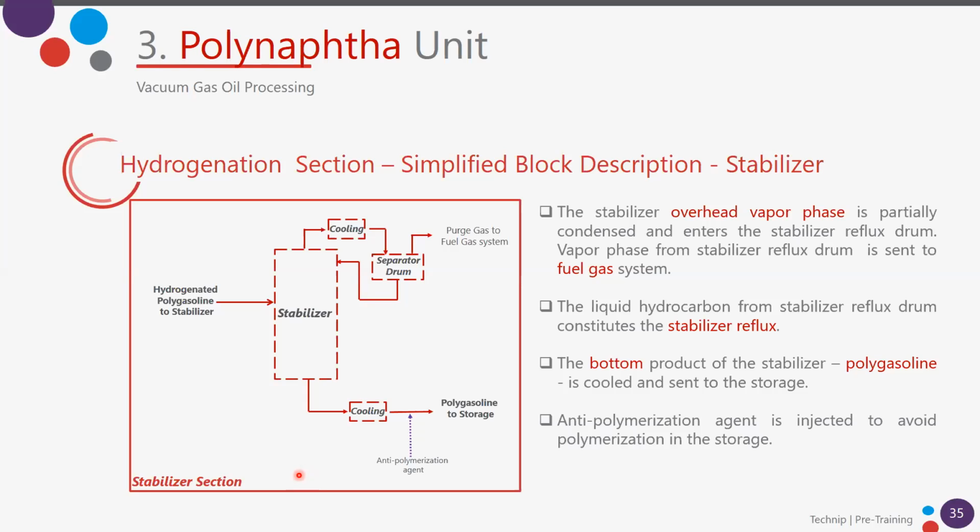But when we see the operating parameters, we will also see that the unit is designed for 75% hydrogenation and 25% hydrogenation. I suppose that depends on the gasoline pool, but the normal design basis is 50%.